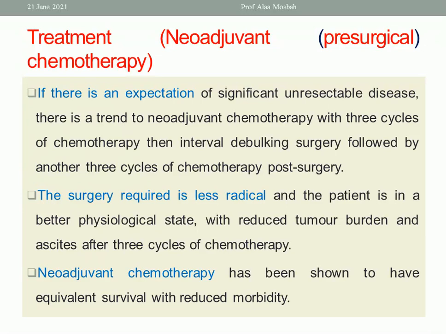So it can be helpful for the gynecologist to give 3 cycles of chemotherapy, then do surgery or debulking surgery, okay, after that. But neoadjuvant chemotherapy has been shown to have equivalent survival with reduced morbidity.